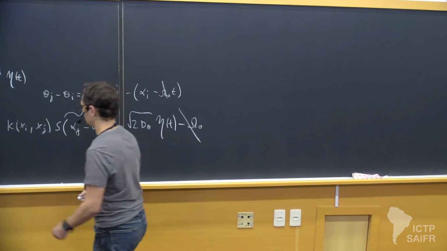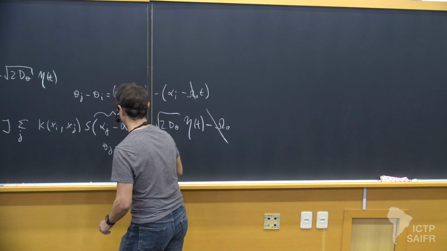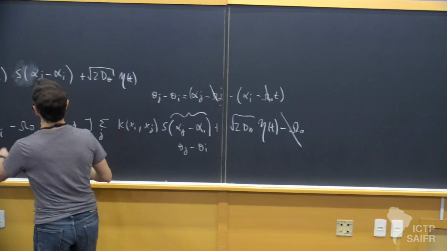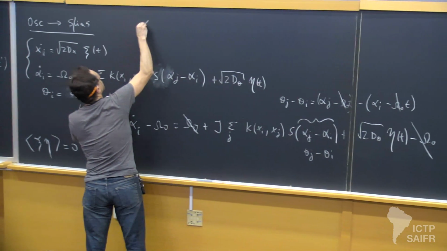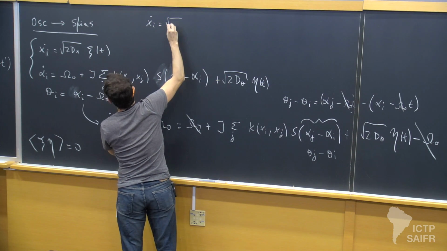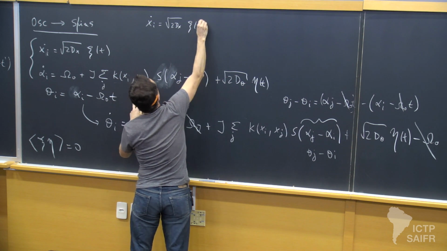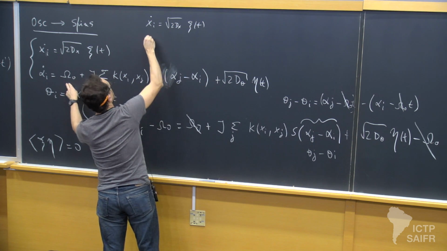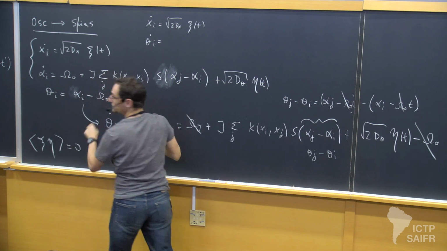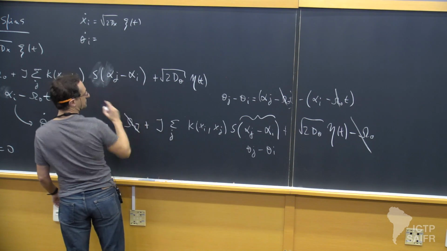With this, we end up having a system that I'm going to write here. For the moment this is the same, and for this one we will just use the new variable after the transformation. That means I'm in the co-moving, co-rotating frame, and this is what I wrote.